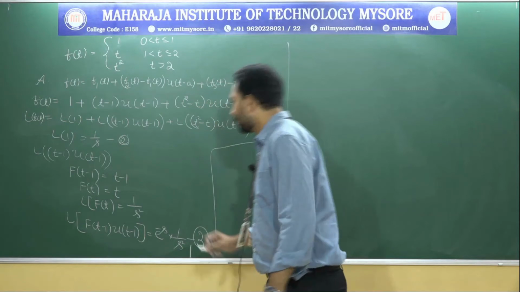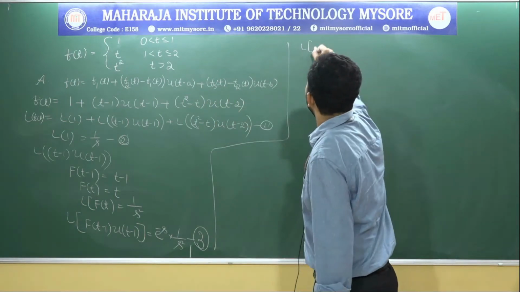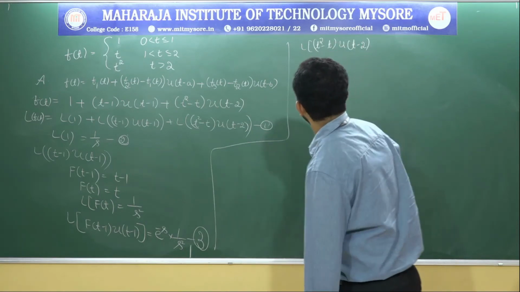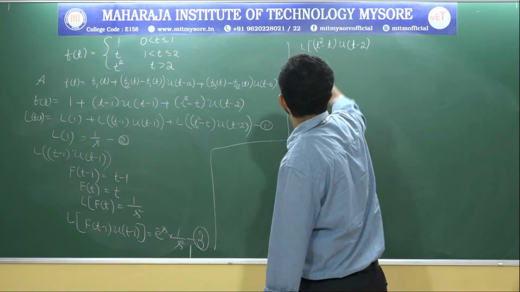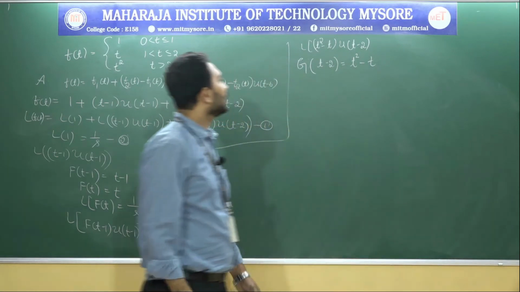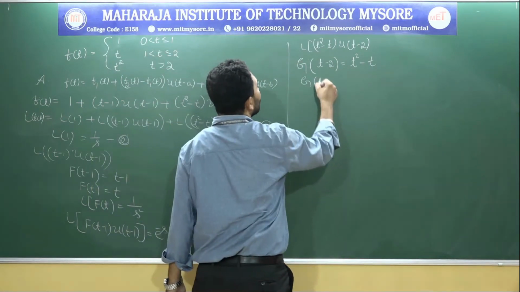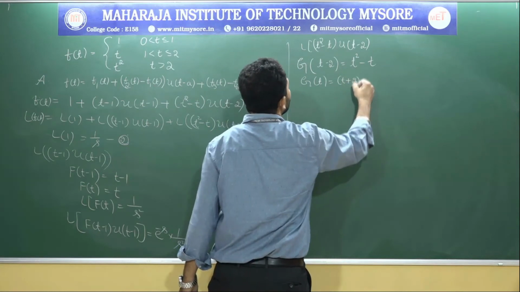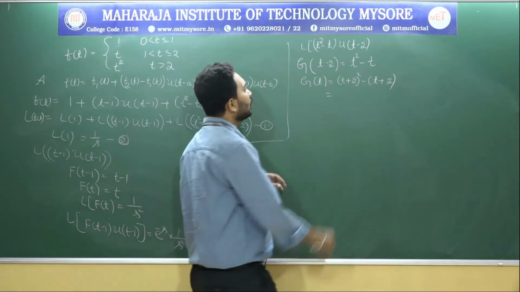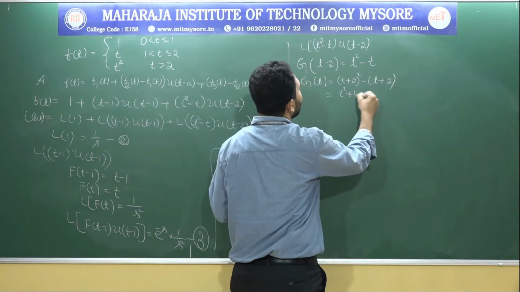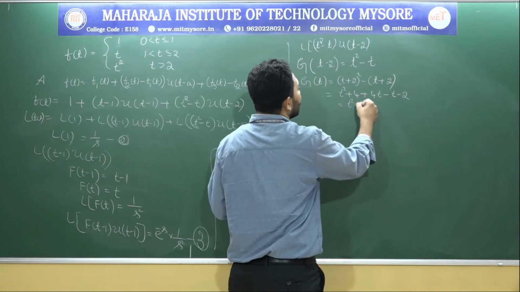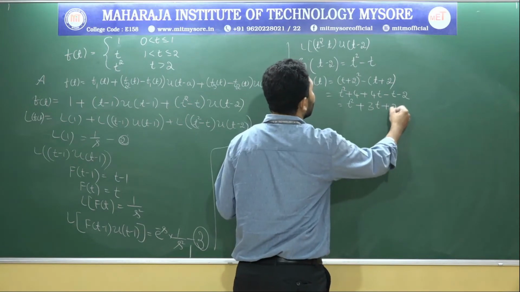So simple. Next, consider this. To find Laplace of (t square minus t) into u(t minus 2), I will take g(t minus 2) equals t square minus t. Then what is g(t)? It is (t plus 2) whole square minus (t plus 2), which is equal to t square plus 4t plus 4 minus t minus 2, that is t square plus 3t plus 2.